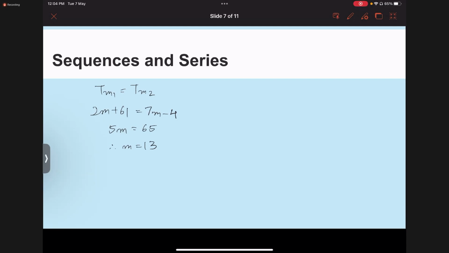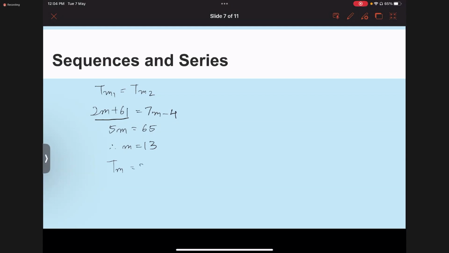So if you want to know what is the actual term, suppose you put m as 13 over here. Now it won't remain Tm1, it is going to remain as Tm because the Tm in both the series are the same.